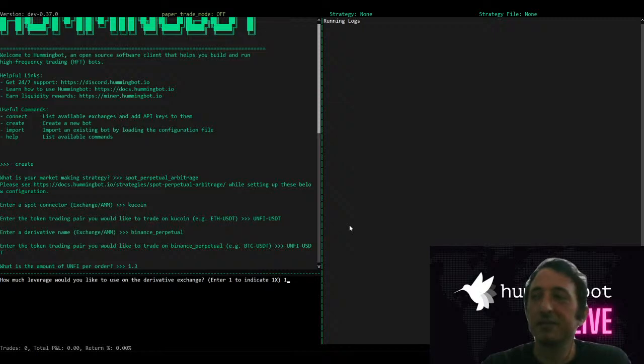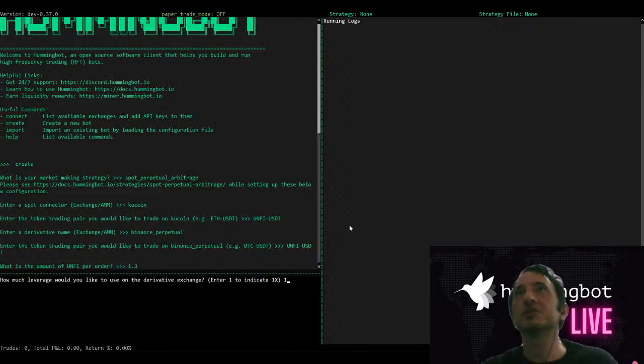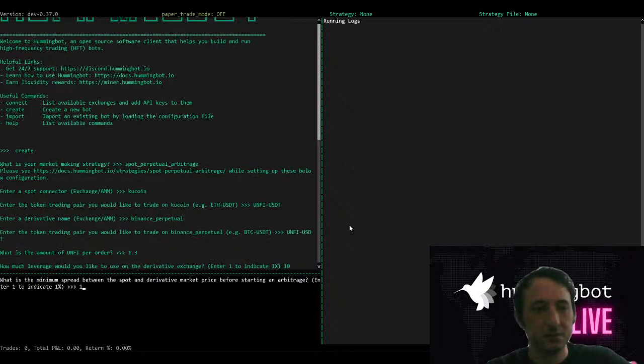And how much leverage do we want? You have to have a good idea how much leverage you're going to use, so you don't risk being liquidated when you have an open position. So let's put 10x. And the minimum spread where the derivative market will start the arbitrage.